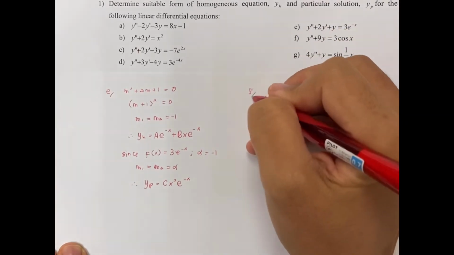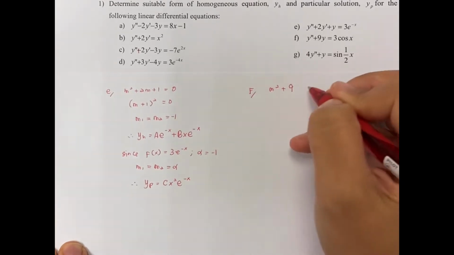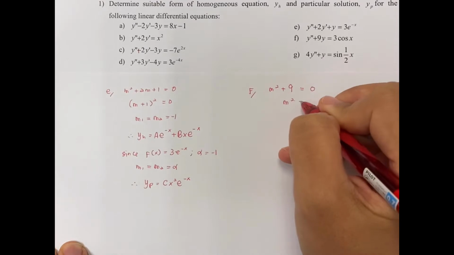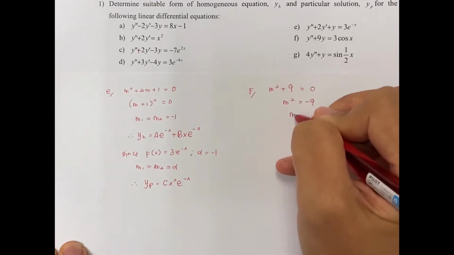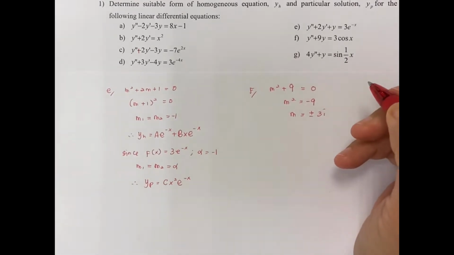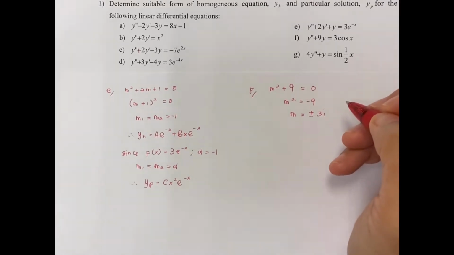Then F. m squared plus 9 equal to 0. m squared equal to negative 9. So m is a complex conjugate, with imaginary part 3.